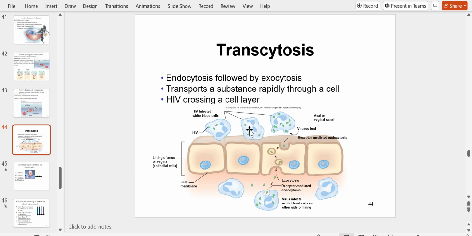HIV goes after white blood cells, and that's where it develops and matures. If it sees a white blood cell on the other side, it can go endocytosis and then exocytosis. Both of these in the same motion are called transcytosis, transporting a substance rapidly through a cell, and that's what makes HIV so dangerous.